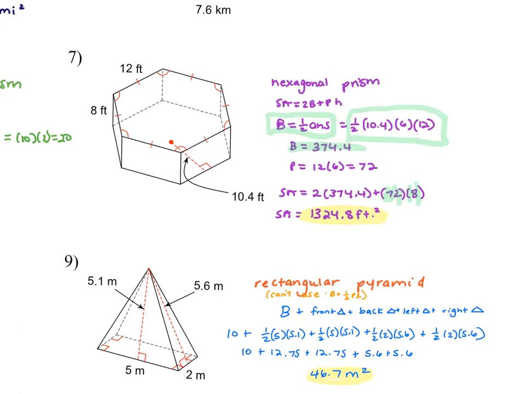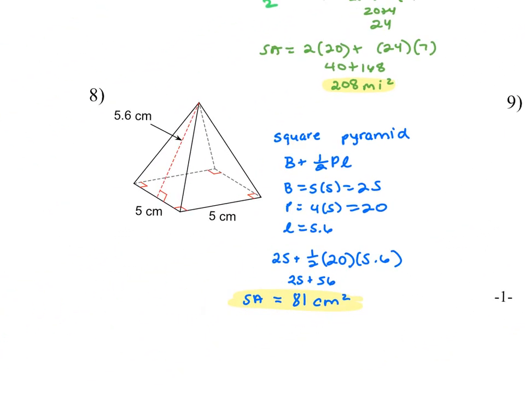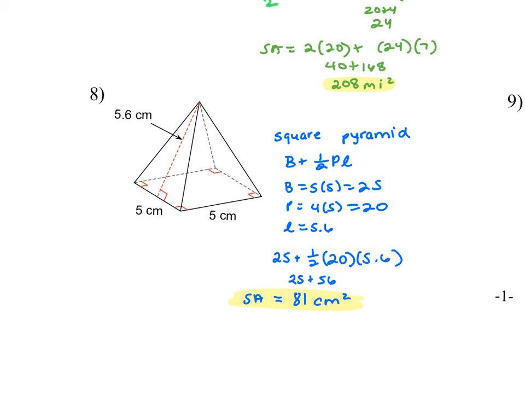Then number 8. This is a square pyramid. So this time we only have one base when it's a pyramid, but we're still adding it to the lateral faces. And recall that that formula is 1/2 perimeter times slant height. So for here, the area of the base, it's a square.